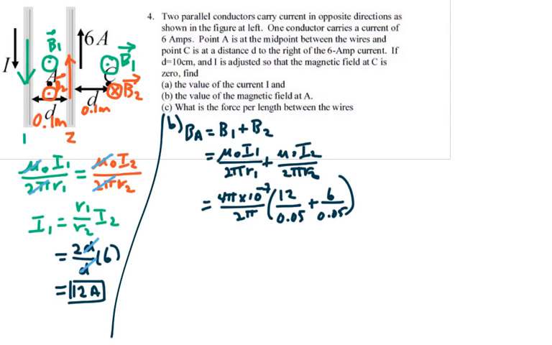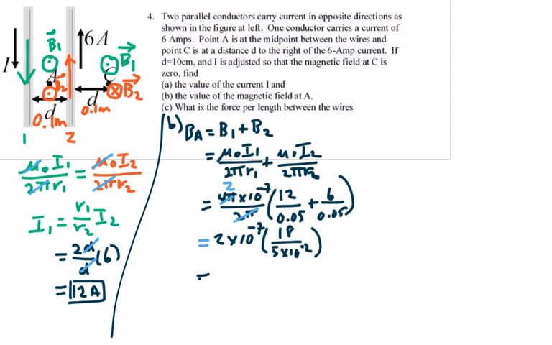So 4 pi divided by 2 pi will leave us a 2 there. And this is equal to, let's go one step further, 2 times 10 to the minus 7, and then we're going to have 18 divided by 5 times 10 to the minus 2.